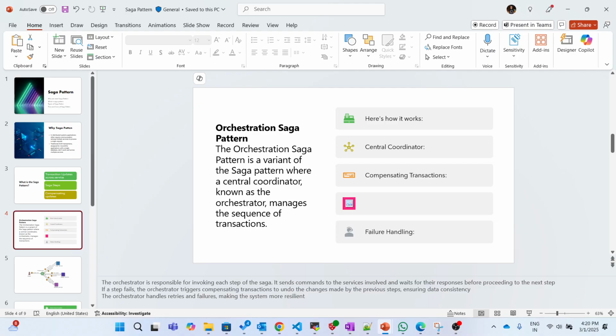One pattern is the orchestration pattern, wherein an orchestrator is responsible for invoking each step of the saga. It is like a central coordinator. It sends commands to the services involved and waits for the response before proceeding to the next step. If any step fails, the orchestrator triggers compensating transactions to undo the changes made by the previous steps, ensuring data consistency. The orchestrator handles retries and failures, making the system more resilient.